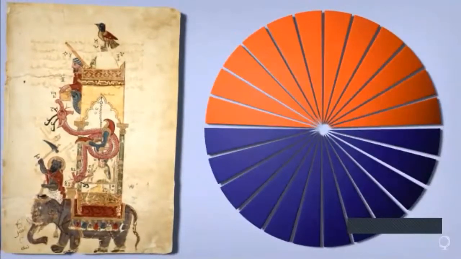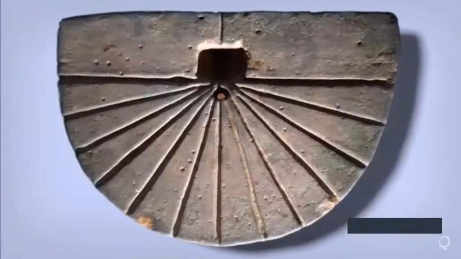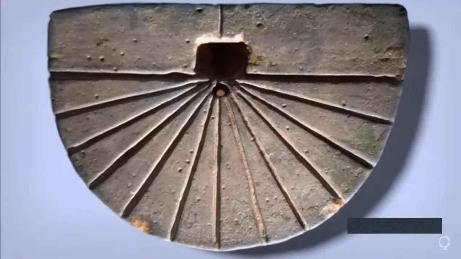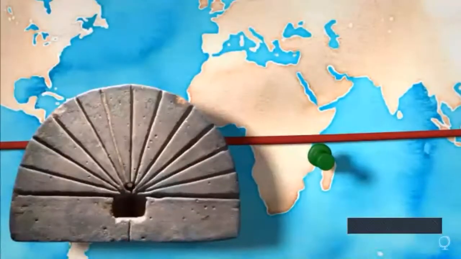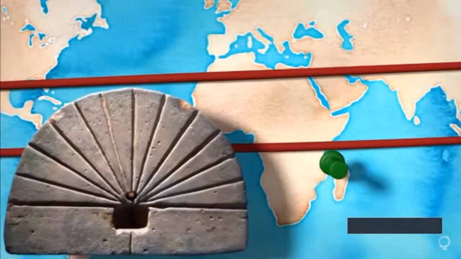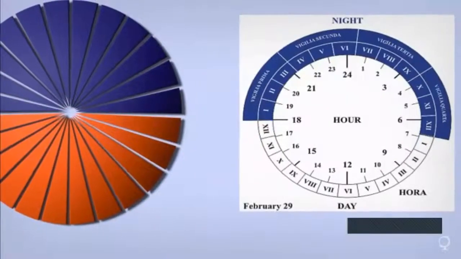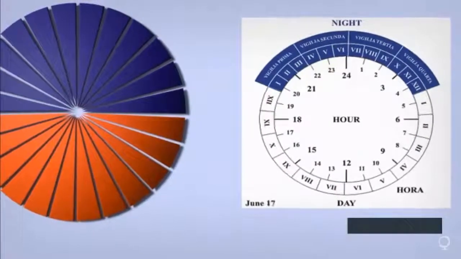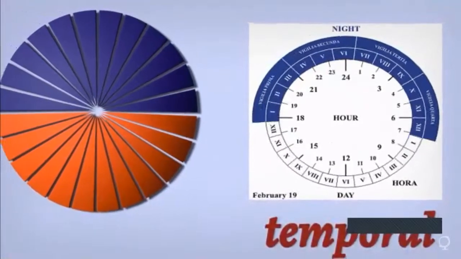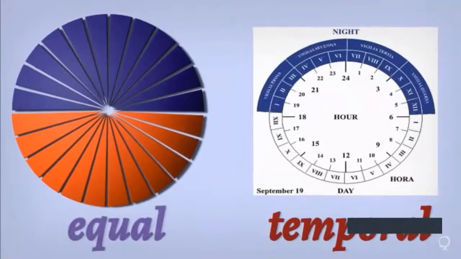See, since ancient times, many people have counted hours of daylight. This Egyptian sundial divides sunlight from sunrise to sunset into 12 segments. But Egypt, like most of the world, and unlike Zanzibar, gets much more light in summer and much less in winter. So the hours on this sundial expand and contract, breathing with the seasons. Technically called temporal hours now, they were once considered the true hours versus today's standard equal hours.